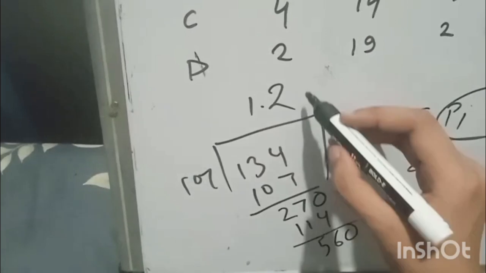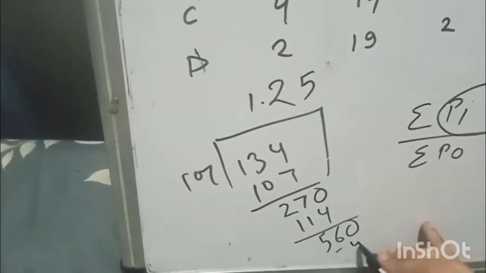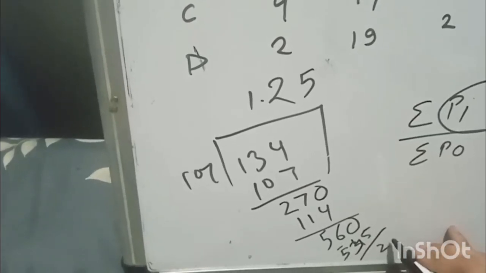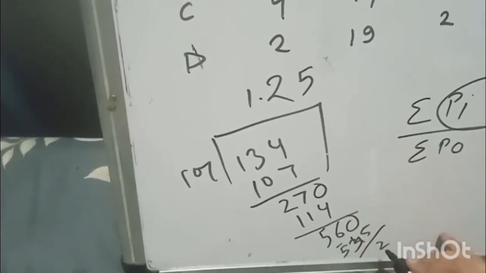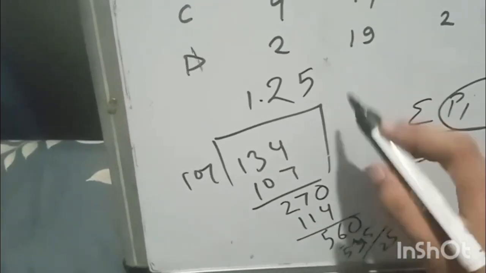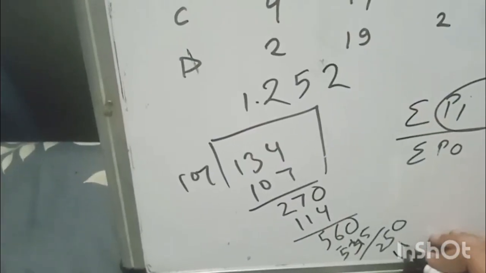Again 5, 40, oh sorry, 35, 5 and 25 point, again 2, 114.